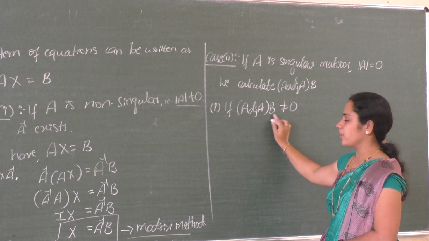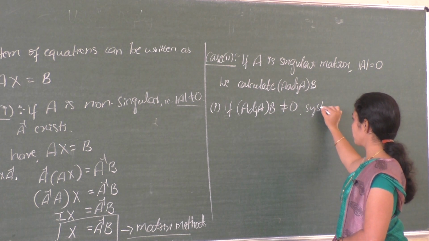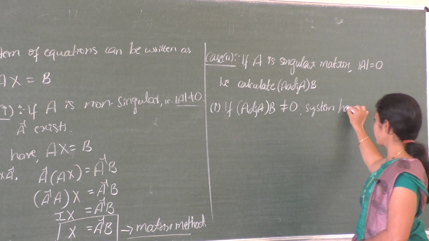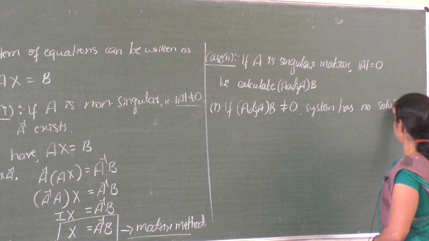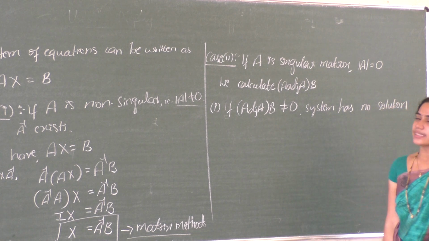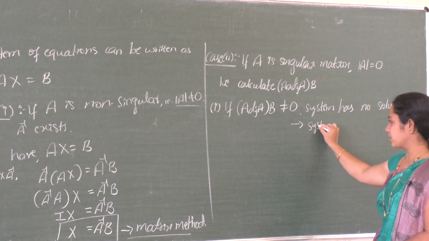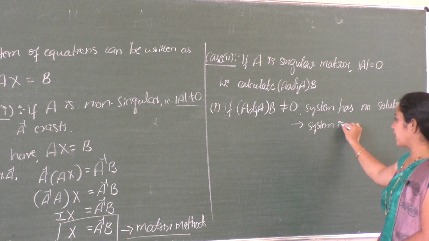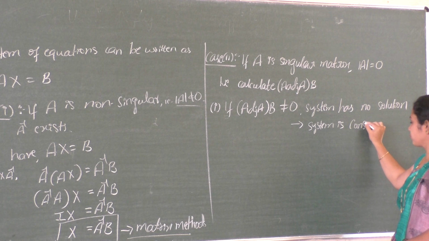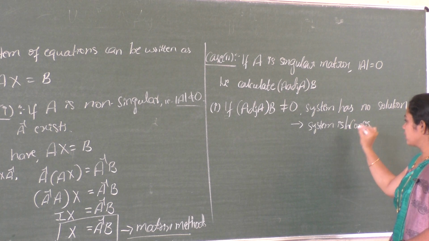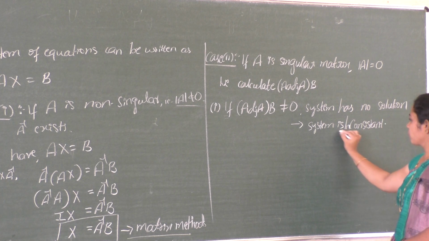If adjoint of A into B is not 0, then the system has no solution. If a system has no solution, we can say that the system is inconsistent. System is said to be inconsistent.